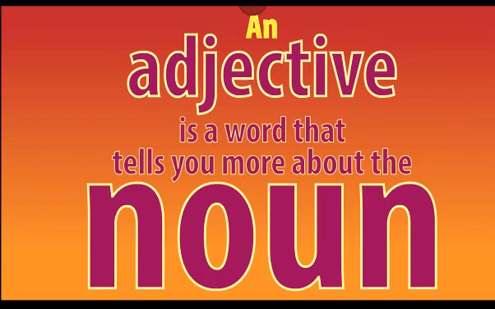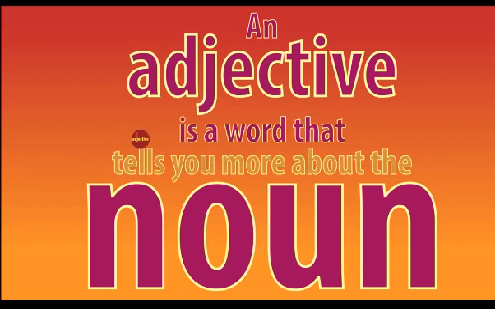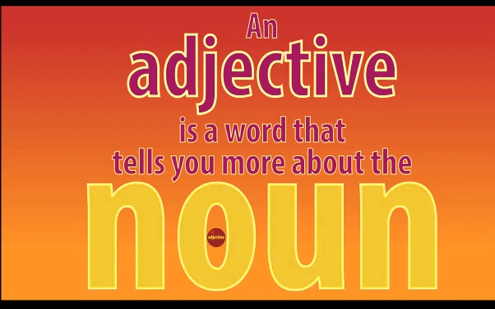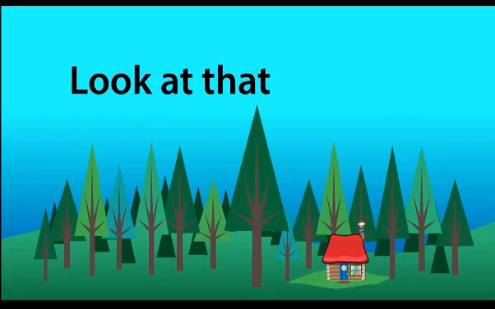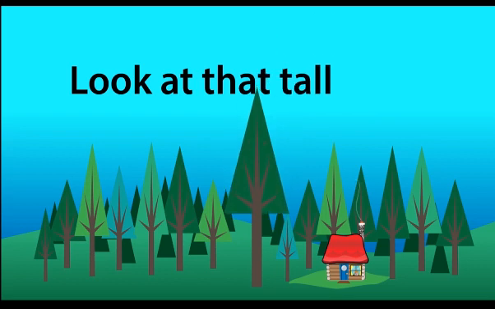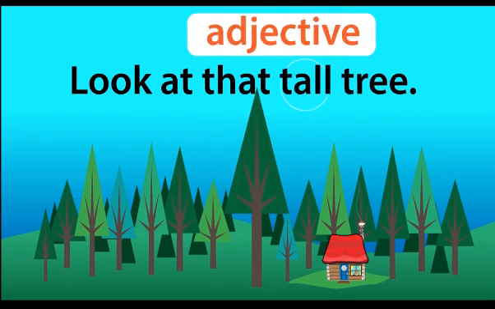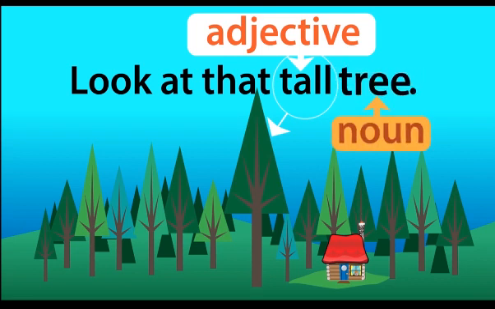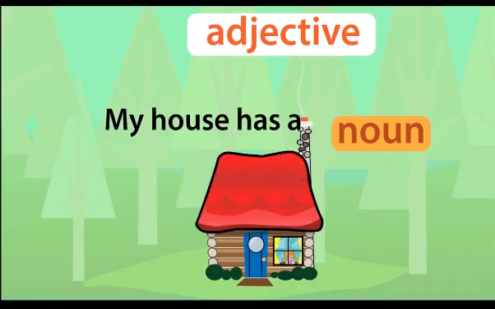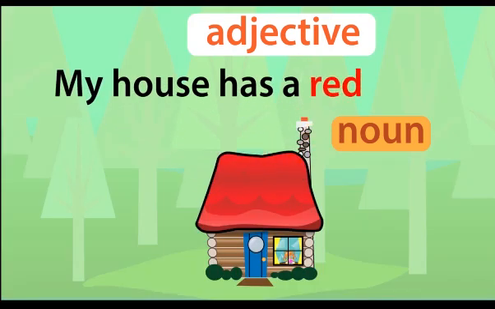An adjective is a word that tells you more about the noun. Look at that tall tree. Tall is the adjective that tells you that the noun tree is tall. My house has a red roof.